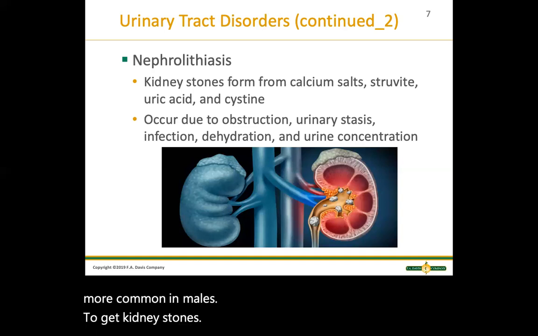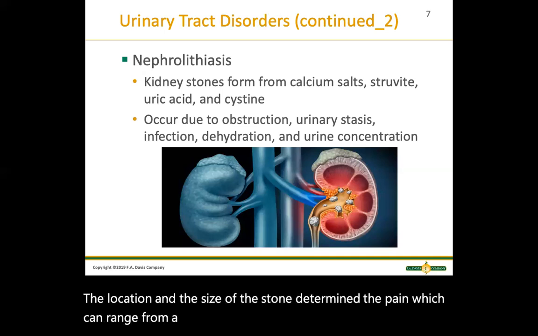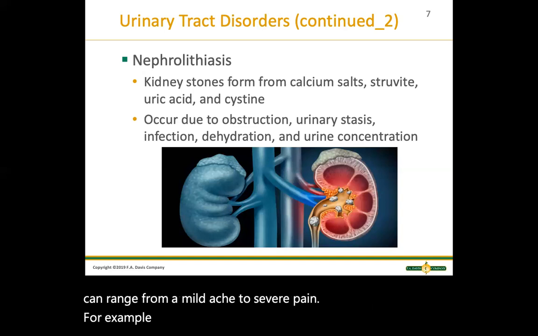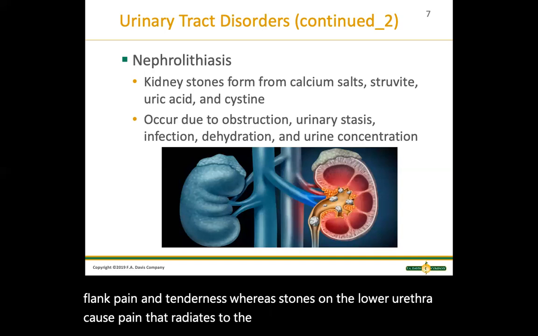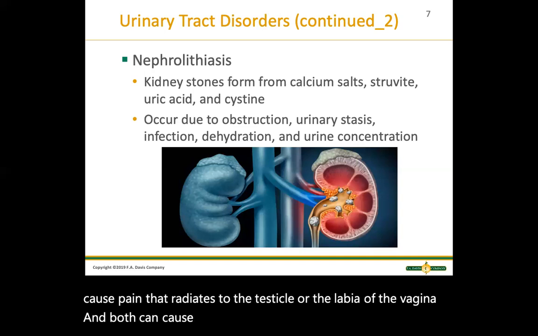The location and the size of the stone determine the pain, which can range from a mild ache to severe pain. For example, stones located in the upper urethra or renal pelvis cause flank pain and tenderness, whereas stones in the lower urethra cause pain that radiates to the testicle or the labia of the vagina. And both can cause abdominal pain.